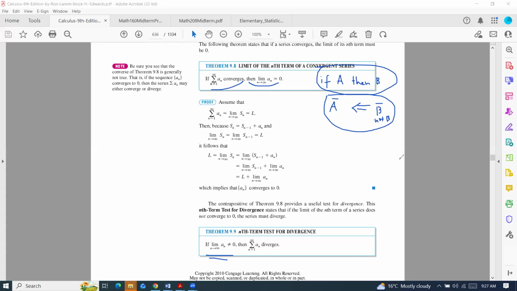Looking at the series, for example, 1 plus 1 plus 1 plus 1, dot, dot, dot. Notice that the nth term is 1. So you keep adding ones.